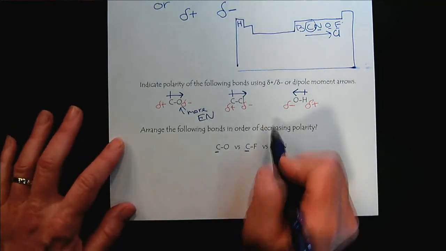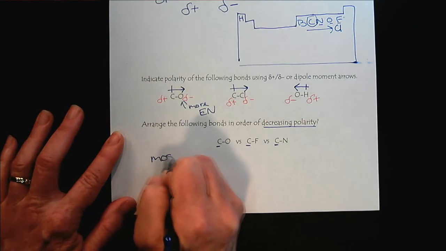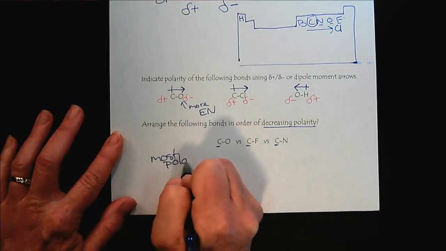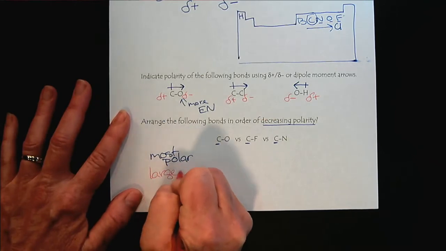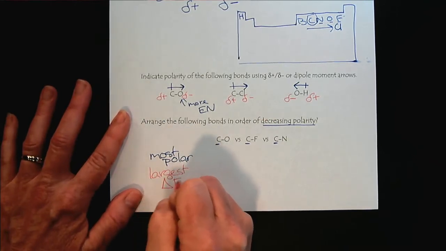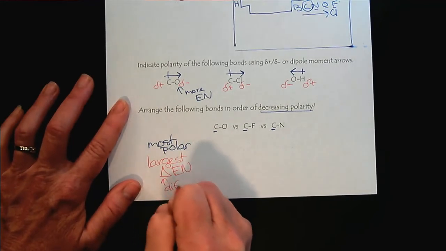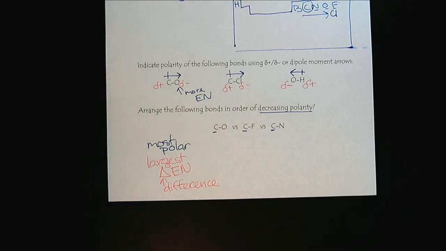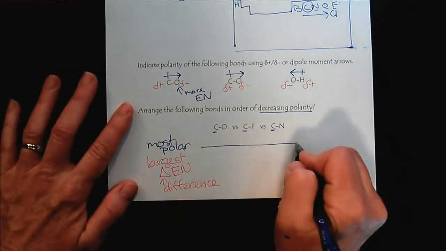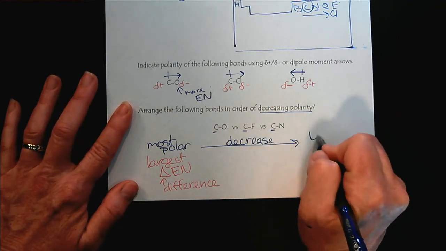So if we're going for decreasing polarity, we want to have the most polar, and the most polar means the largest difference in electronegativity. The delta symbol means difference. Then we're going to decrease to the least polar.